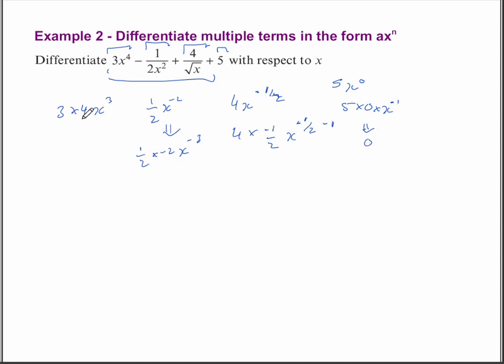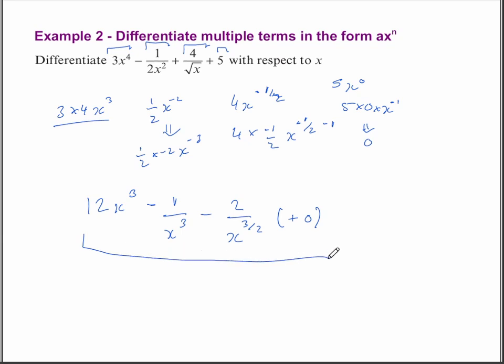So our derivative will look like 12x cubed minus 1 over x power 3 minus 2 over x power 3 over 2 plus 0. So this right here will be our derivative of this expression with respect to x.